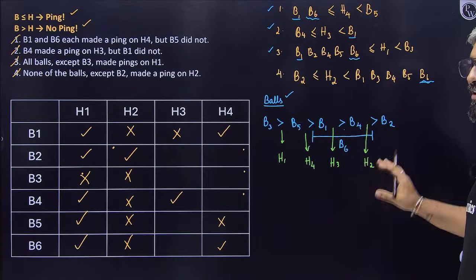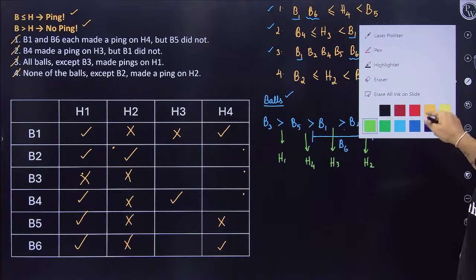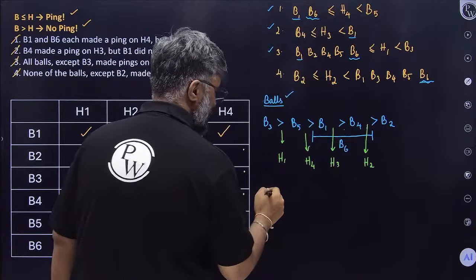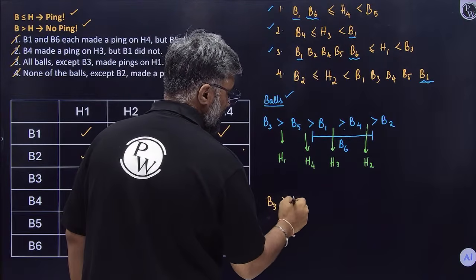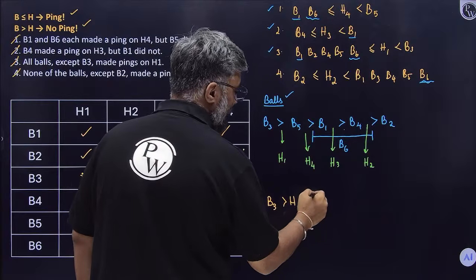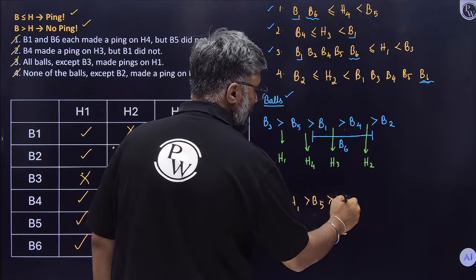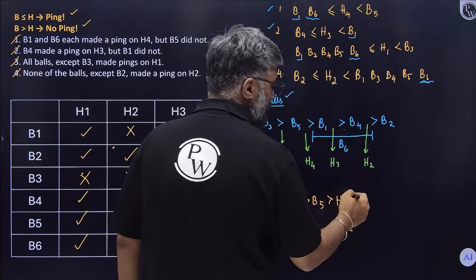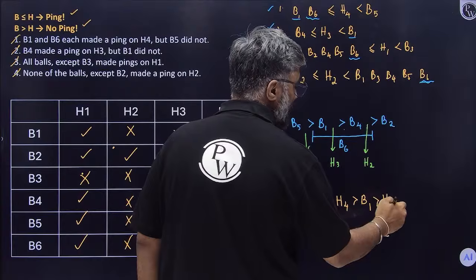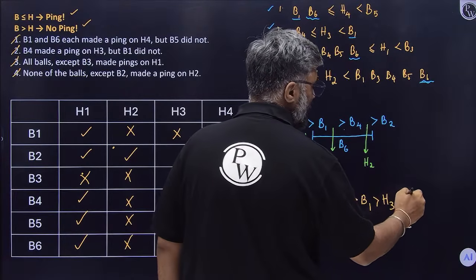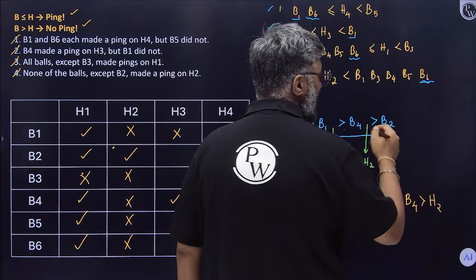If I combine both of these together, what am I going to get? The largest is ball 3. Then hoop 1, then ball 5, then hoop 4, then ball 1, then hoop 3, then ball 4, then hoop 2, and then ball 2.